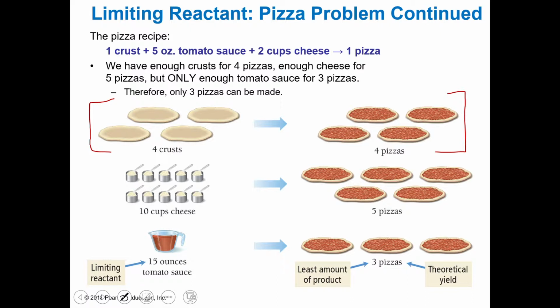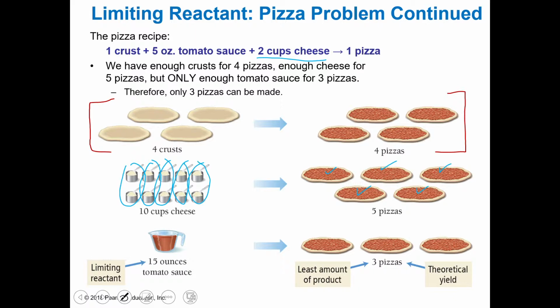Now, if I consider my cheese, it's 2 cups of cheese per pizza. So if I have all the crusts in all the world and all the sauce in all the world, I can only make 5 pizzas. 2, 4, 6, 8, 10 cups is what I have total.